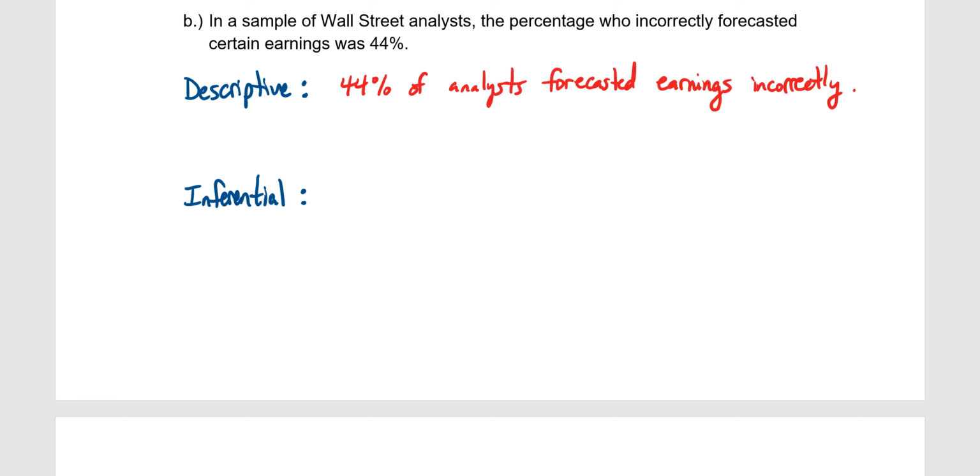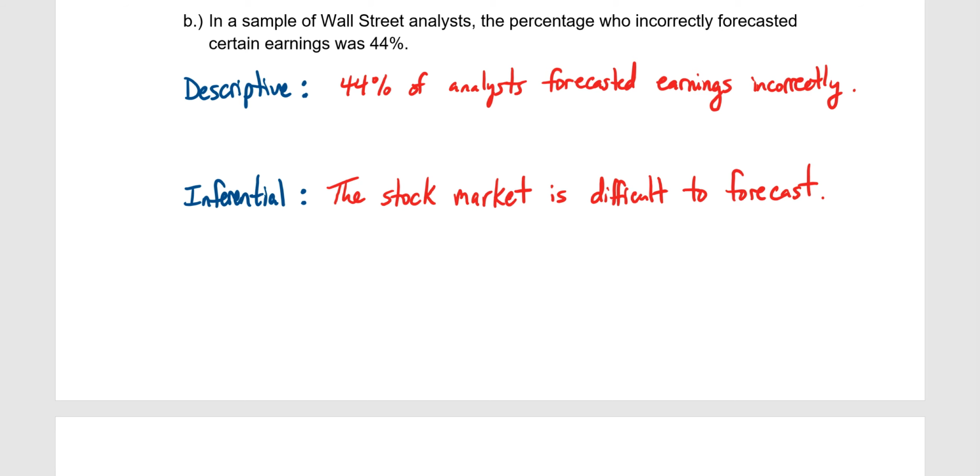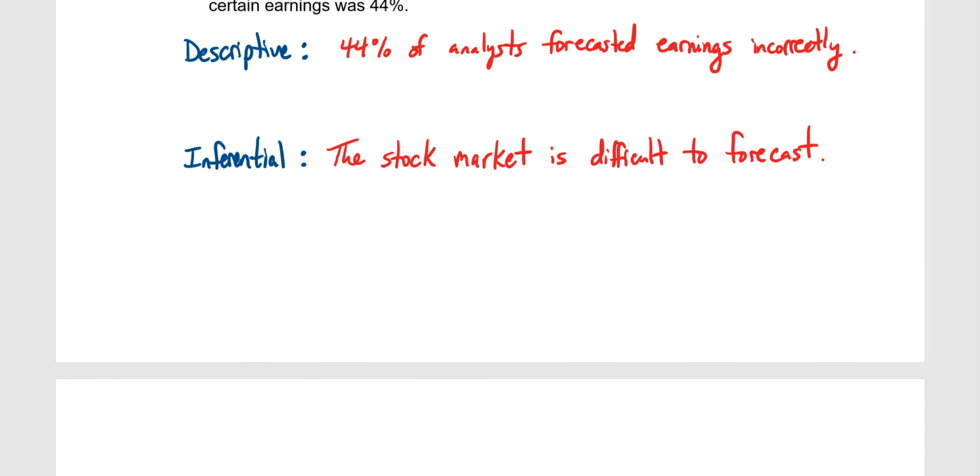Okay, so that's just the data that's given to us. And then for inferential statistics, we want to come up with a conclusion based off of that data. And one conclusion that looks like it can be drawn here is that the stock market is just simply difficult to forecast. Okay, so that is descriptive versus inferential statistics.